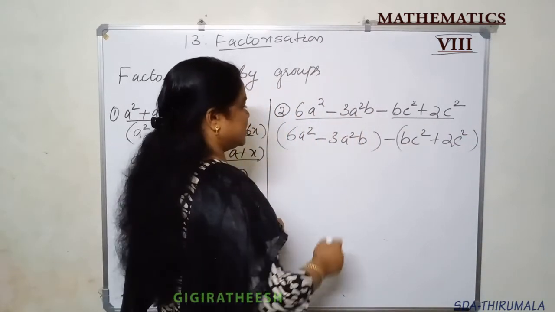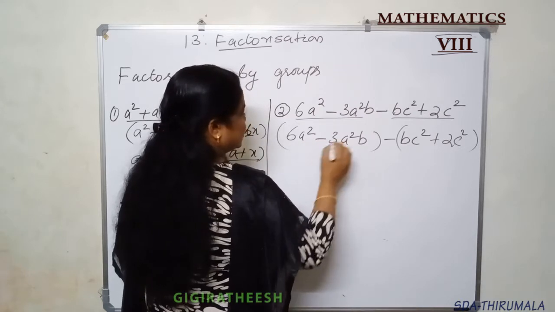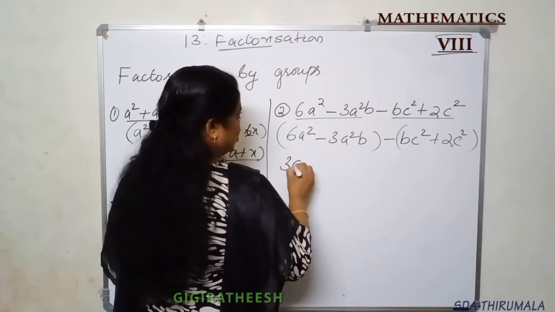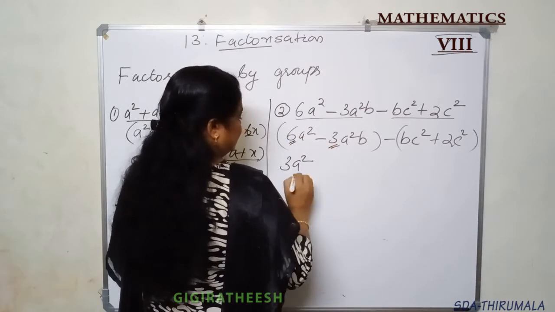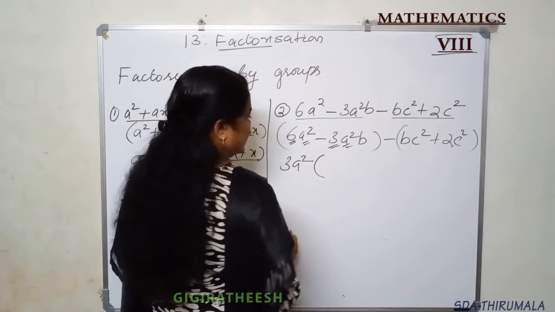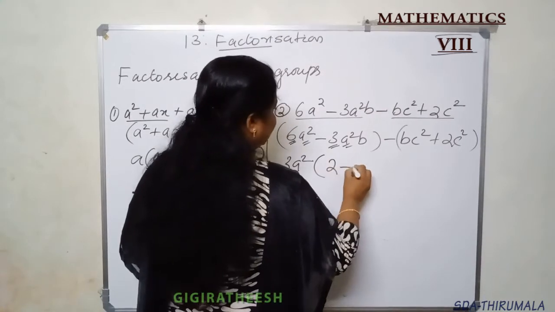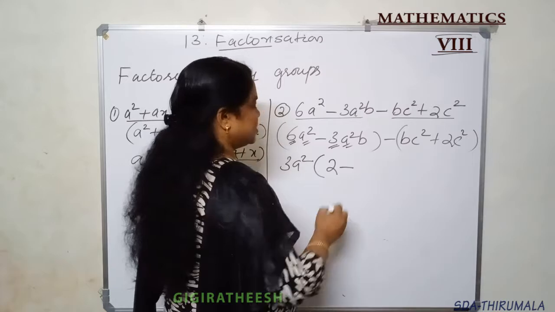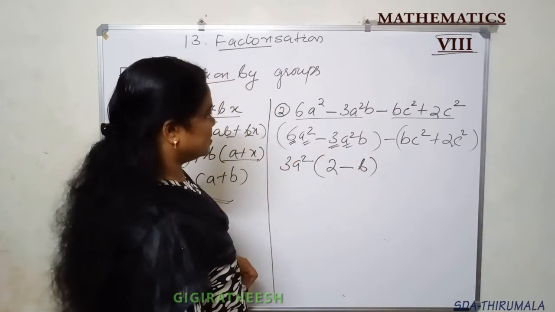In the first group, 3a square is common, so we get 3a square into 2 minus b.